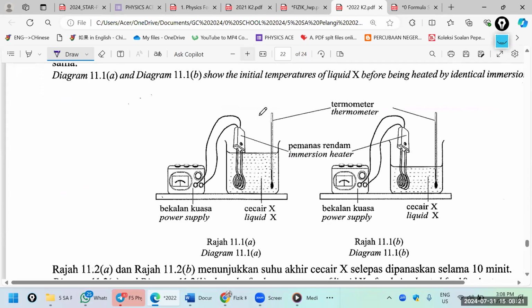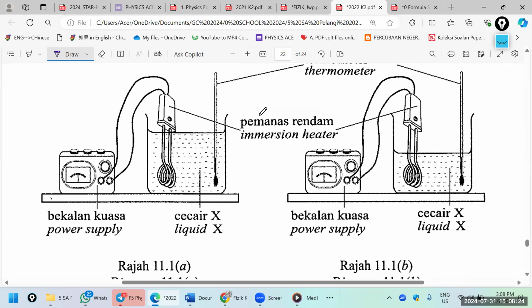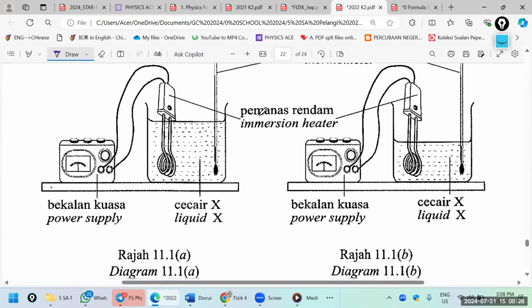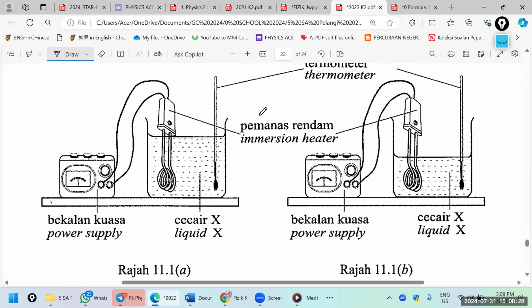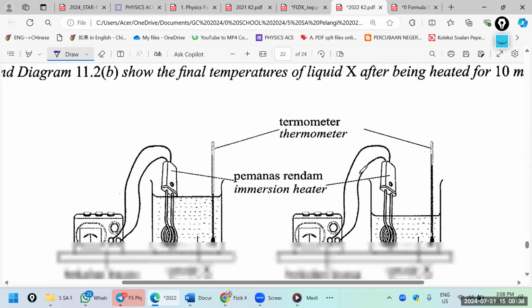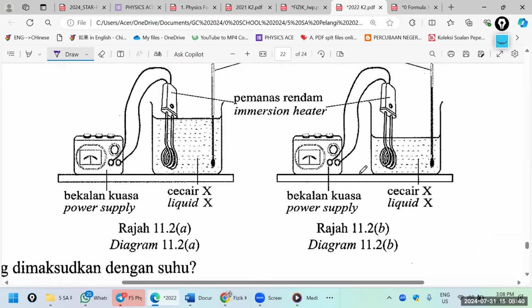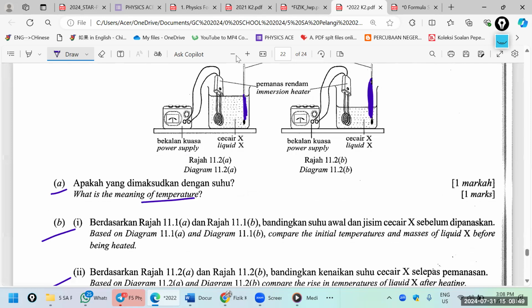Okay, you can write short form. Okay, if you cannot see the thermometer properly, it's like this. Then this one down here is here and here. Get it? I make it smaller.